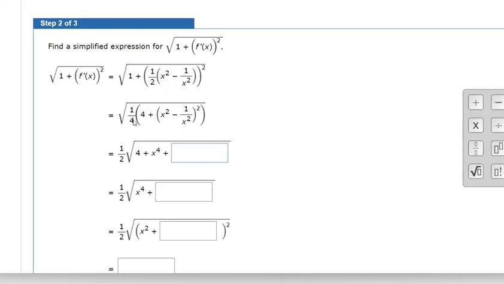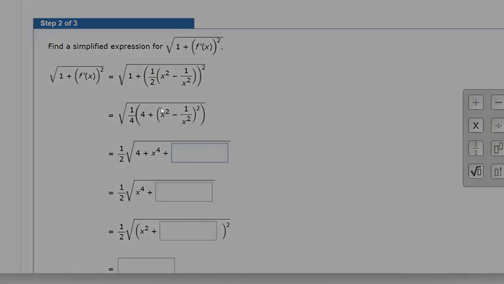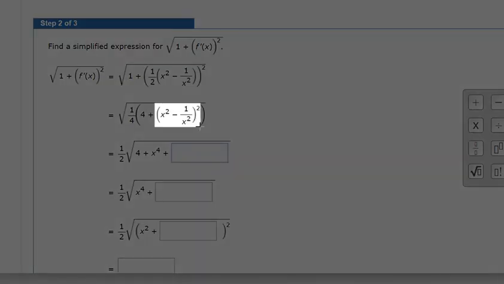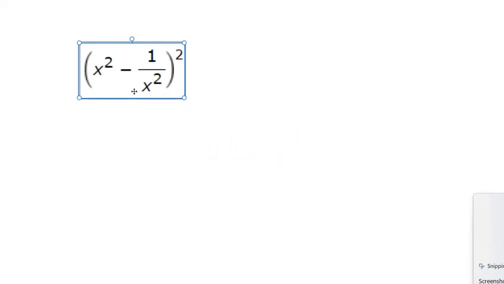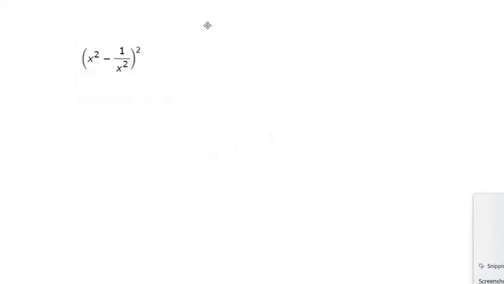I'm not sure. You could factor out that square root of 1/4. You're left with 4 plus, oh okay, so they multiplied this parentheses by itself. They did the squaring operation. So if you square that, you're multiplying the parentheses times itself.